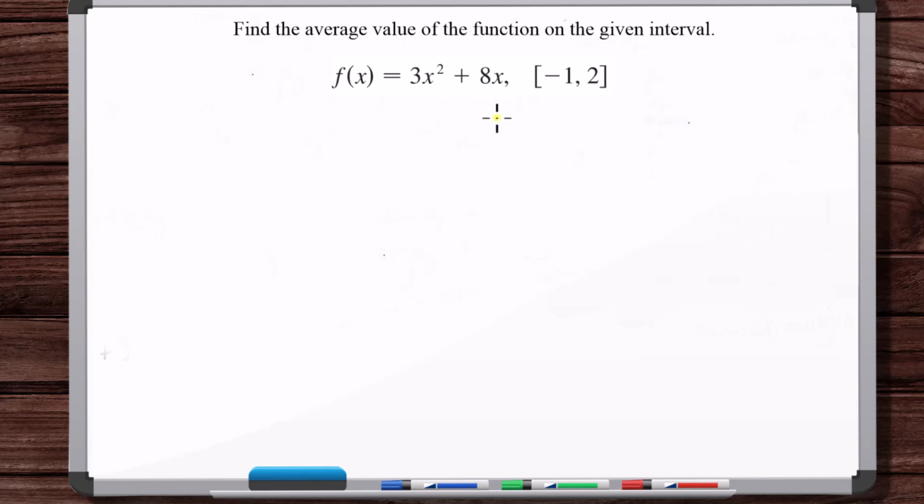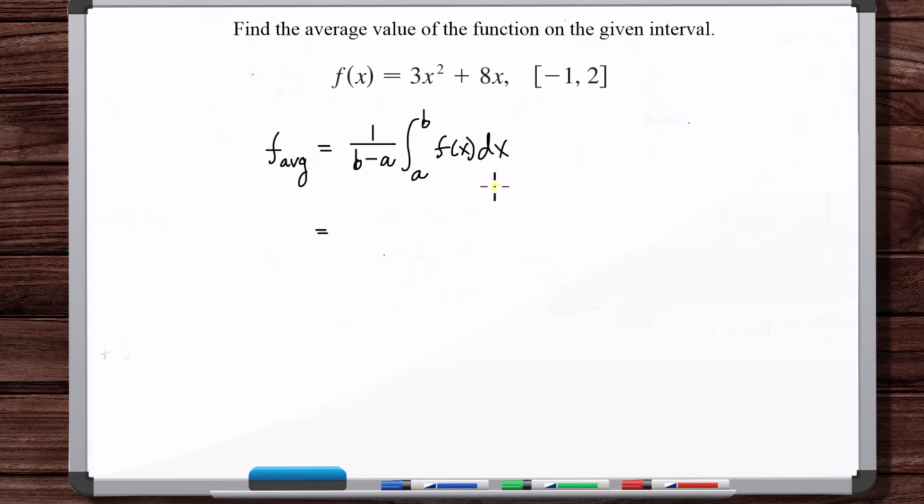In the previous video, we went through the theory of how the average value of a function over an interval is defined, so I'm not going to get into that here, but f average is equal to 1 over b minus a times the integral from a to b of f of x dx. That's it.